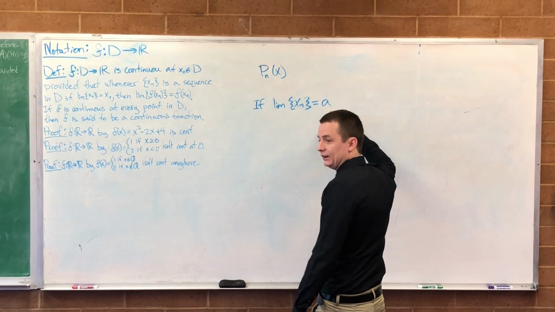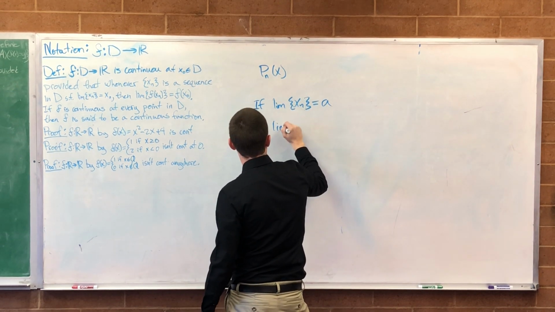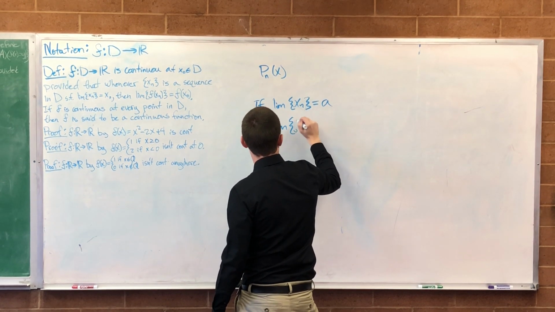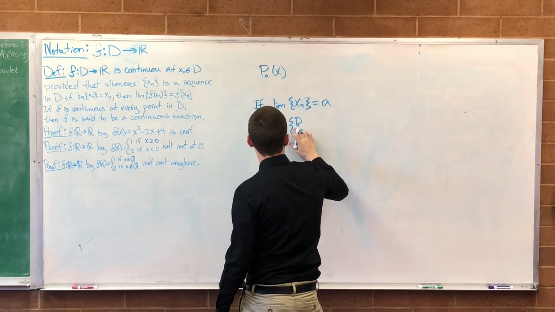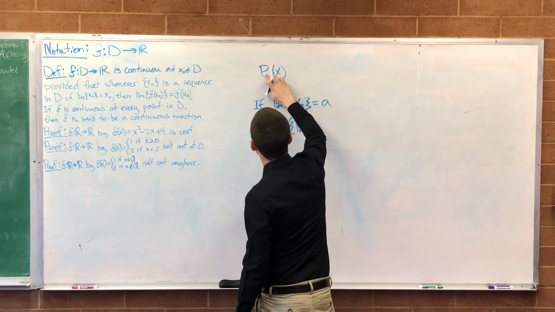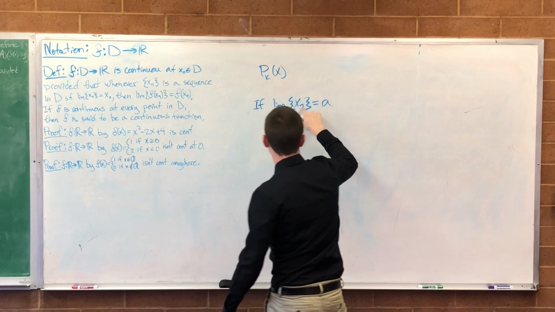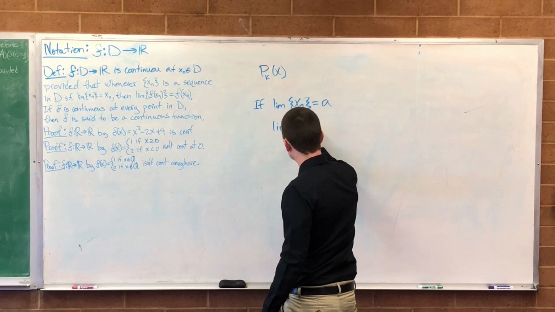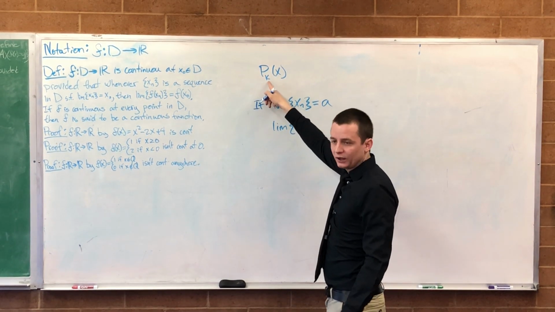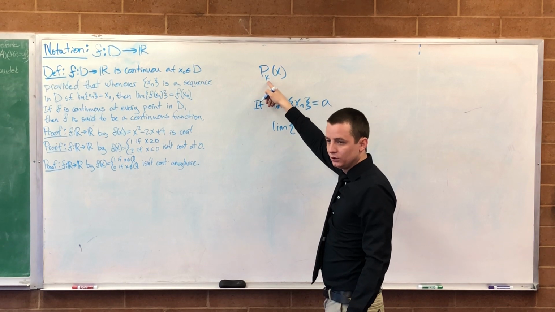If the limit of xn equals a, then the limit of p sub n, some nth degree, let's say p sub k, some kth degree polynomial, that way we don't get confused with the n there. So, you remember what it means for it to be a kth degree polynomial?